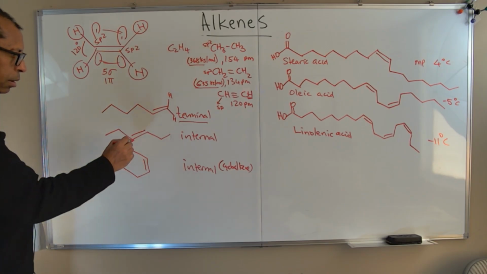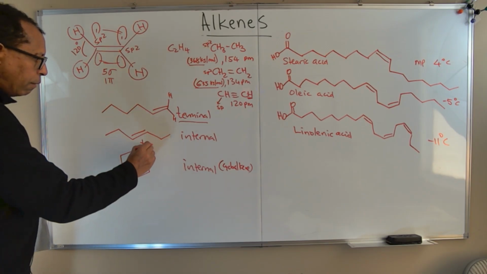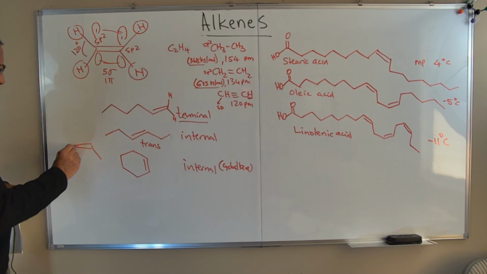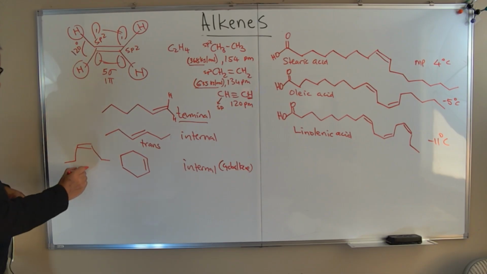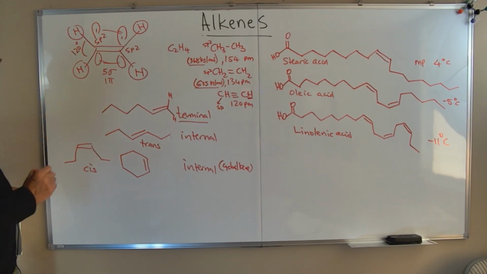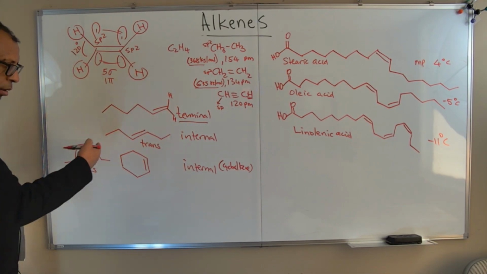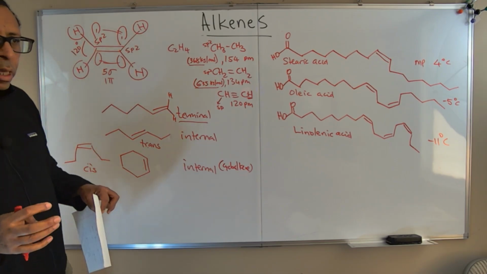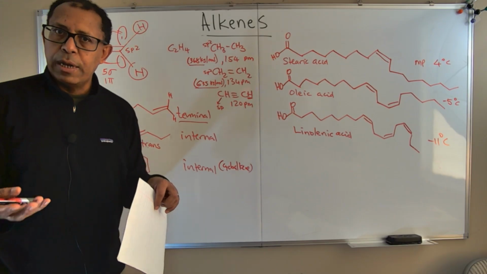In the internal alkene, you should also remember there is stereoisomerism, so it can be cis or trans. For example, this is cis. This is trans. Trans-isomerism is also one of the properties of alkenes.